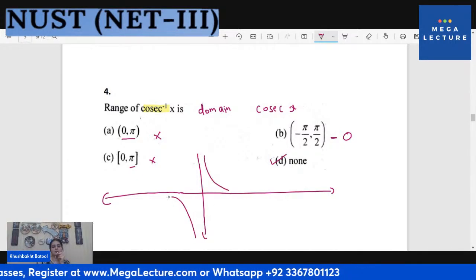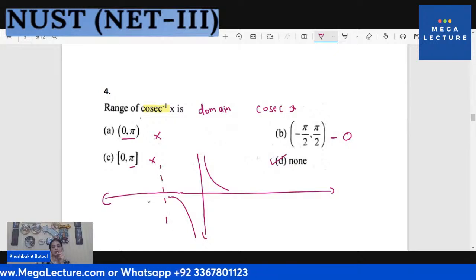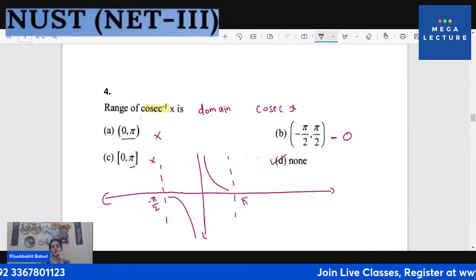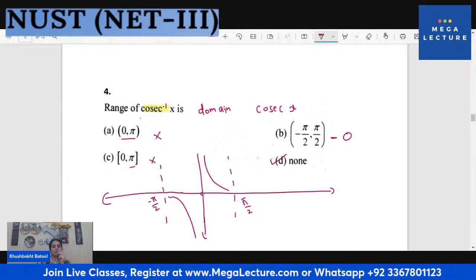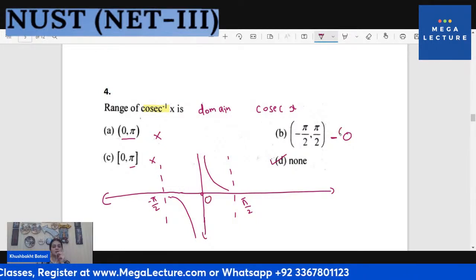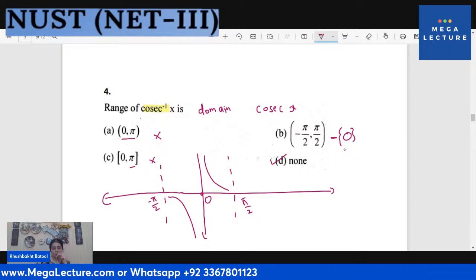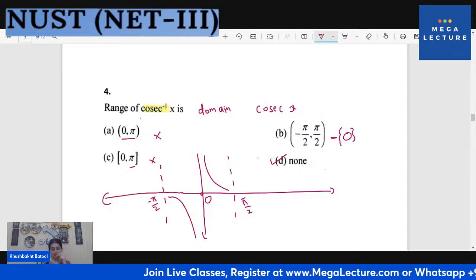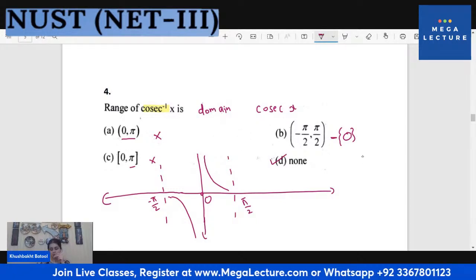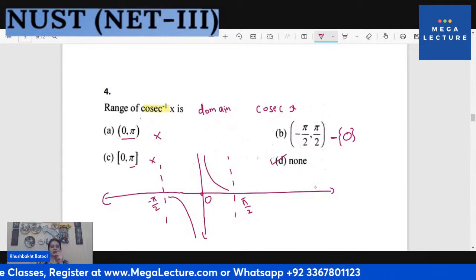The graph is something of this type. We have minus pi by 2 here, and we have pi by 2 here. So it is from minus pi by 2 to pi by 2, but we do not have any value at 0, so you need to subtract this 0. Once you have subtracted this 0, it would be okay, but otherwise it is not okay. So that is something which you need to understand clearly. Okay, all right, so this is how we can understand these things.